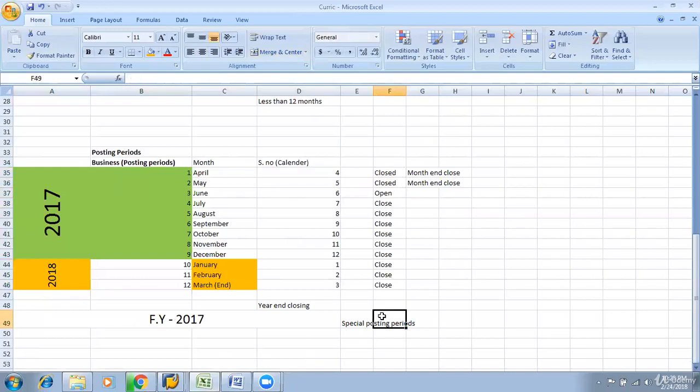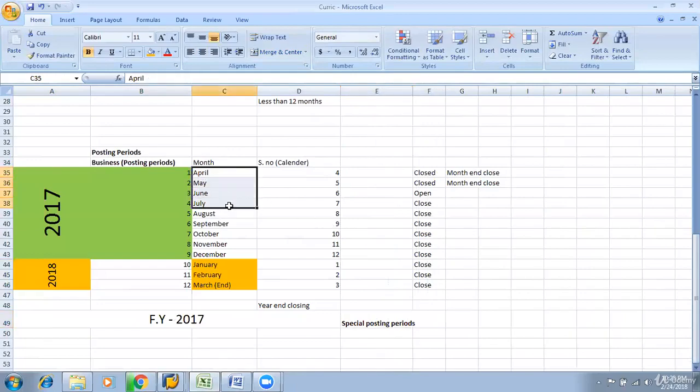Now, going back to my special posting periods, the question was, why can't you post in those months itself? I have already made clear that my previous periods get closed. How can you post into them? One may ask, so what if someone has a right to open? Correct. Someone may have the right to open them, but only at a higher management level.